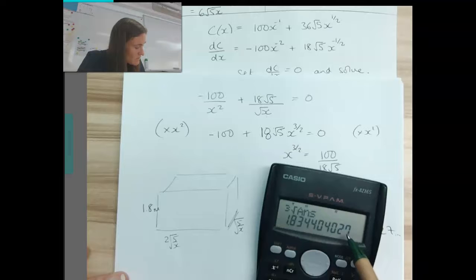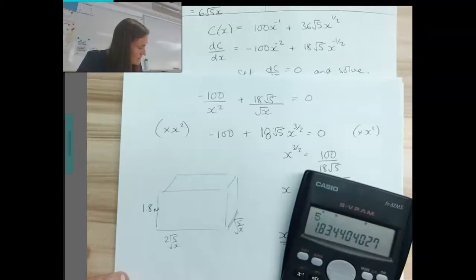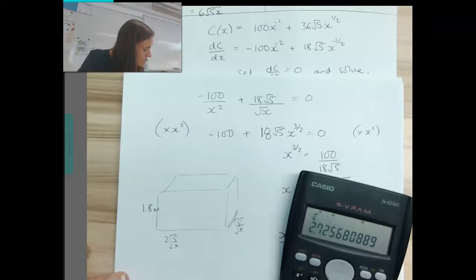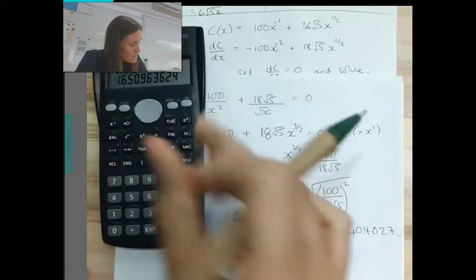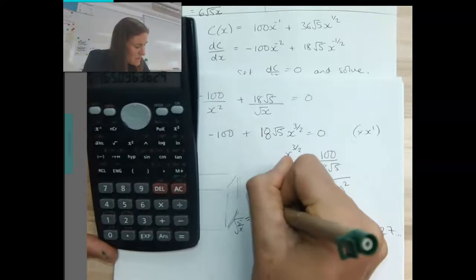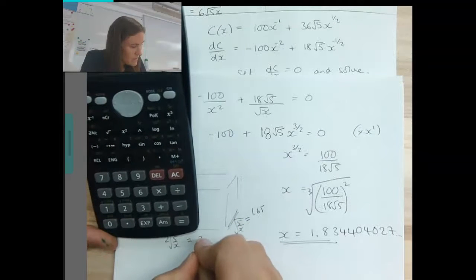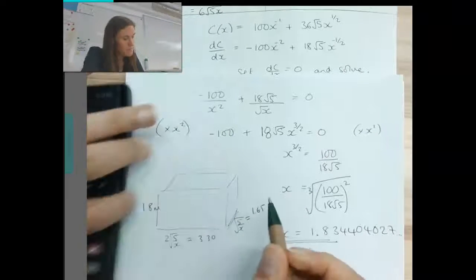So this is my full answer. I'm going to do 5 divided by that answer, and then take the square root. So this is roughly 1.65, and then this one is roughly 3.30.